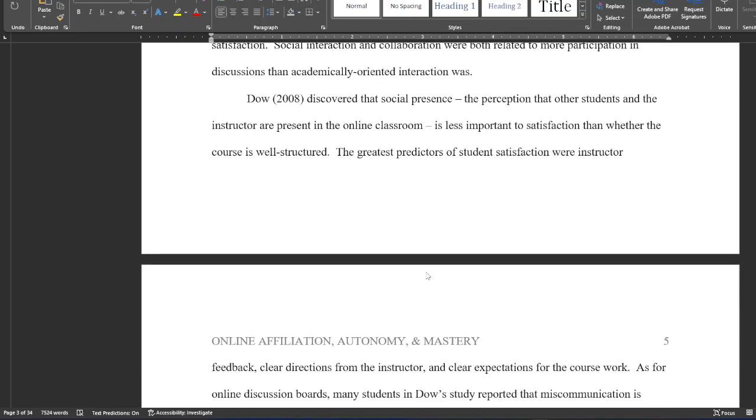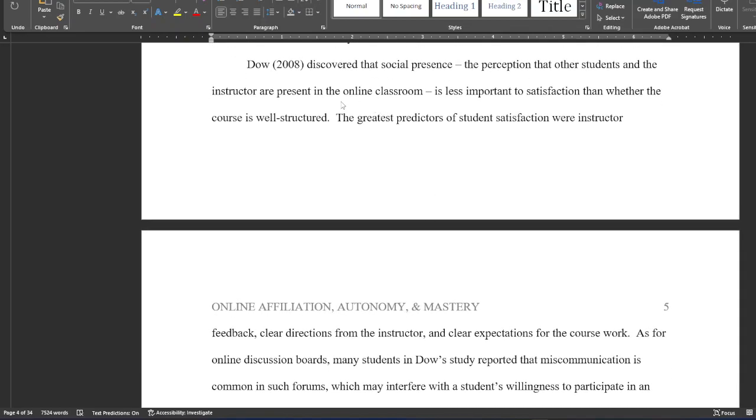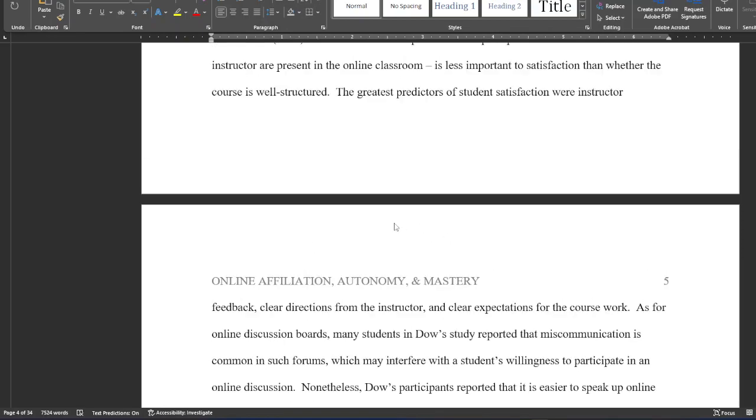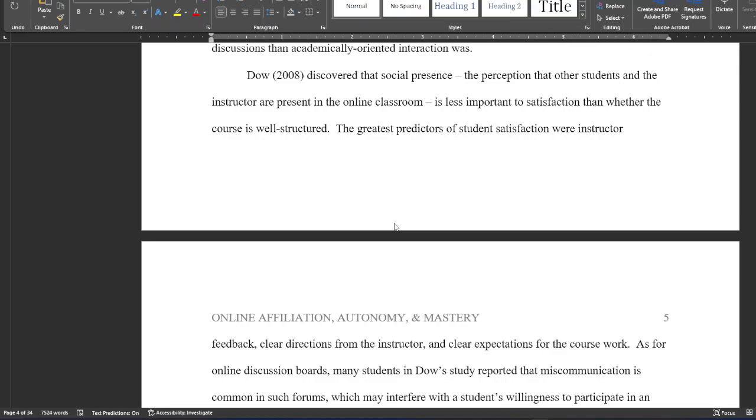Yeah, this one, Dow 2008. So I start off citing Dow 2008. They discovered that social presence, blah, blah, the greatest predictors of student satisfaction were that. As for online discussion boards, many students in Dow's study. Now, I didn't put the year here because I'm still, you can tell I'm still talking about Dow.